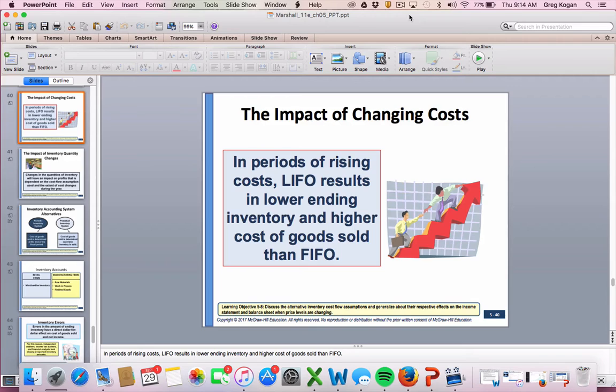With FIFO, technically, with rising prices, there could be some changes occurring, because you might be recording higher profits because your prices would be more recent, but your cost would be a little bit older. With LIFO, higher, more recent costs transfer to goods sold. Lower, older costs stay in inventory. So basically, with LIFO, you would have less income in rising prices because you'd be using the higher cost.